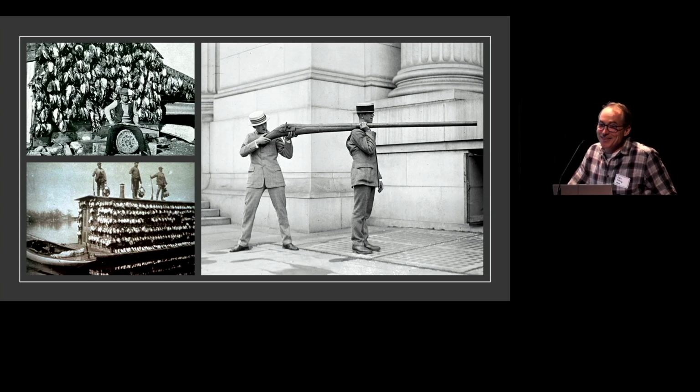So this gun, called a punt gun, could shoot 50 birds in one shot. There was no regulation on hunting, and so that had a huge impact on trumpeter swans.